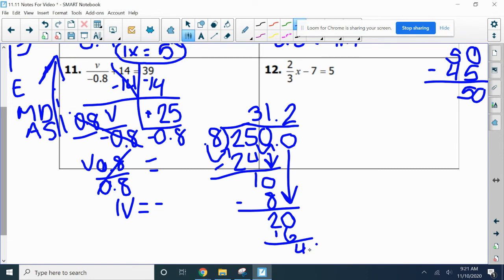Bring down one more 0. And 8 goes into 40 5 times, which is 40. So 40 minus 40 is 0. So 1V is equal to negative 31.25.